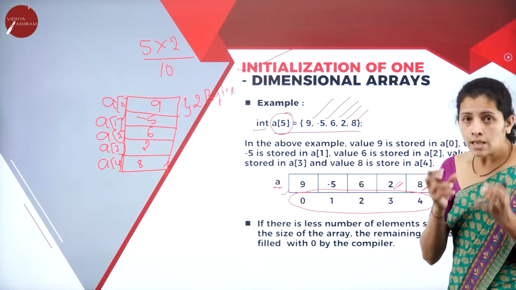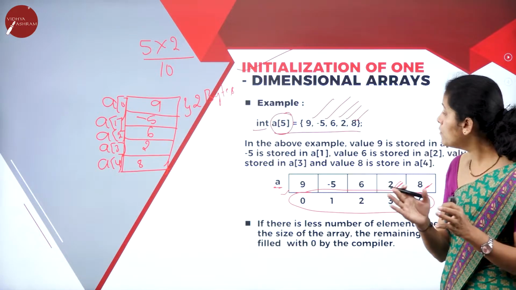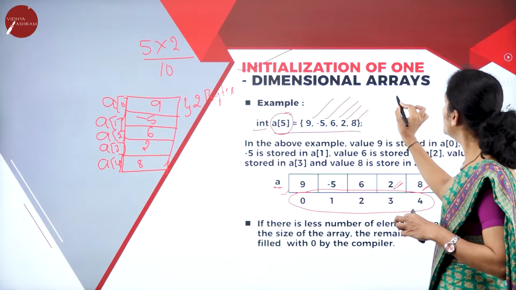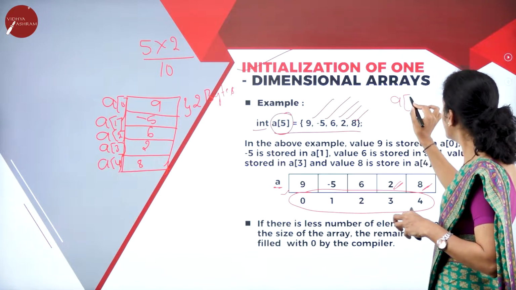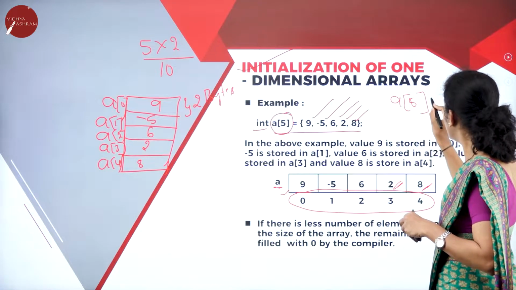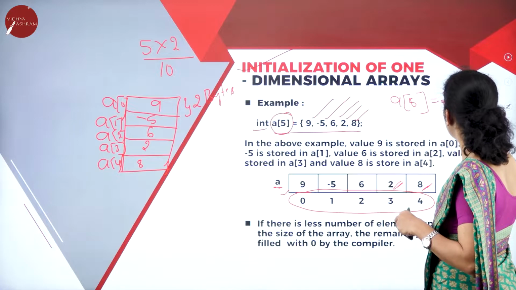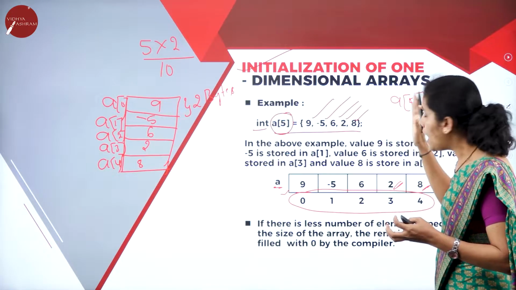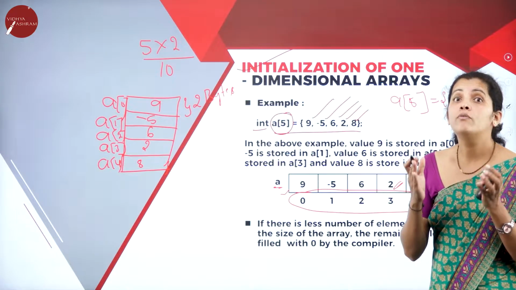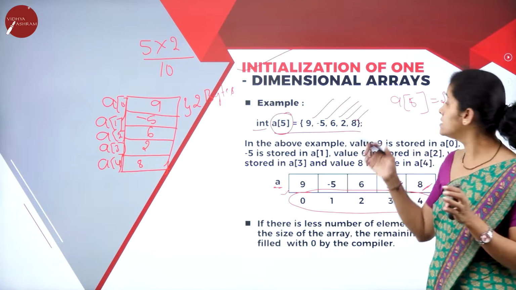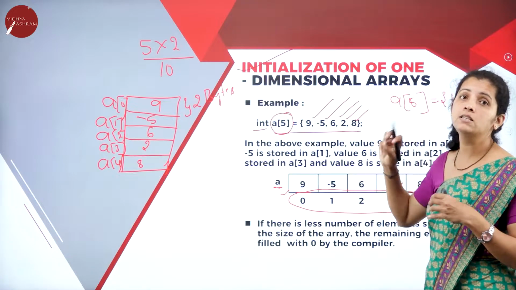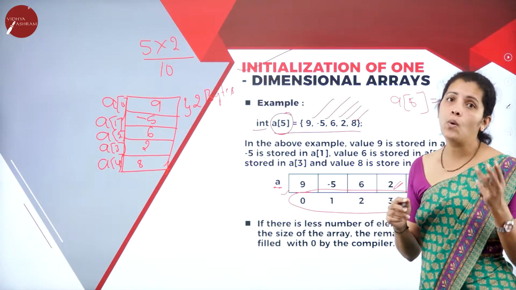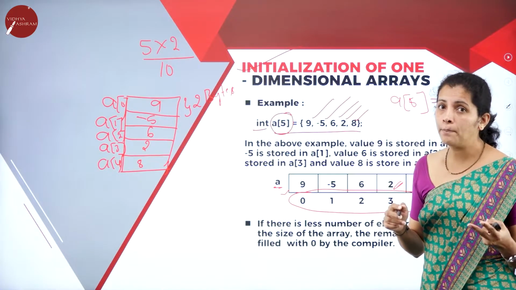And suppose I'm going to have fewer values, for example, think that I'm going to create A of 5. And if I'm going to assign only 2 values, but here I am going to allocate 5 memory blocks, what is the size of my array? It is 5. But I am going to assign only 2 values. Now what's going to happen?